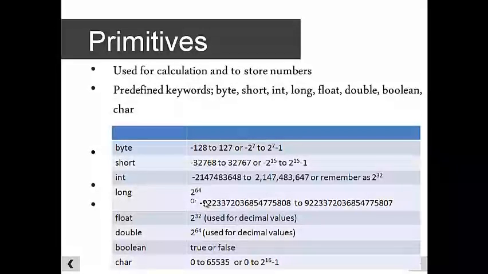But if you want to store a large number, larger than 2 power 32, and you want to store a decimal value, then you would use double. Generally, for decimal values, you would use double. Don't go for float, because I'll explain later on. But generally use double for decimal values.